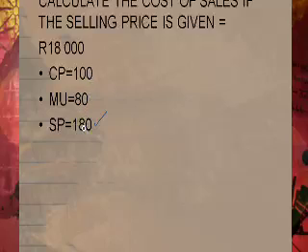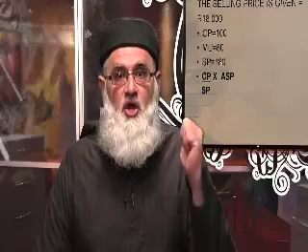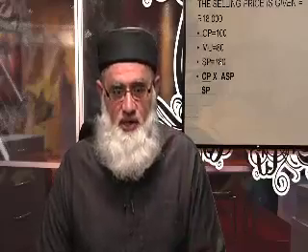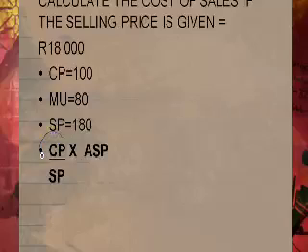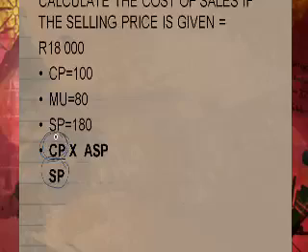So this is where you are given a markup on cost. Remember that. Okay, so now what do you need to calculate? You now need to calculate the cost price. Watch the formula. Cost price over selling price. And what do we want? We want the cost price. And what we want, we put on top. Not inside, on top. There it is, the cost price, over my selling price, times my actual selling price.